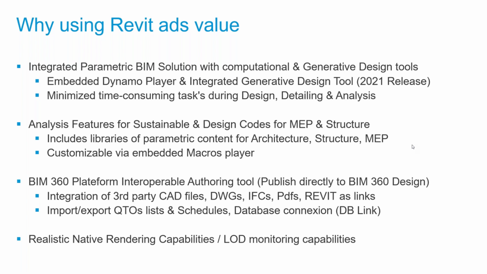We saw some first iterations of generative design in Revit for the architecture side, because in manufacturing we also have other workflows using other products. But Revit was one of the first on that. It has an embedded Dynamo player, and since 2021, we have a generative design tool within Revit itself.